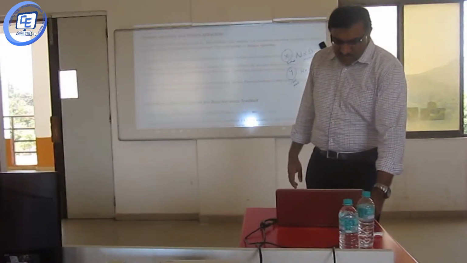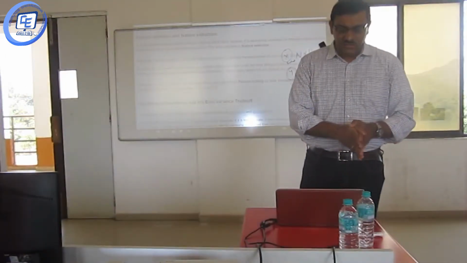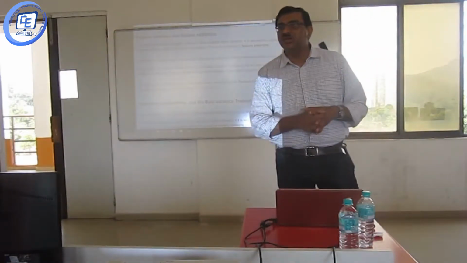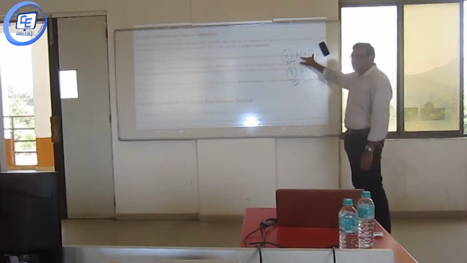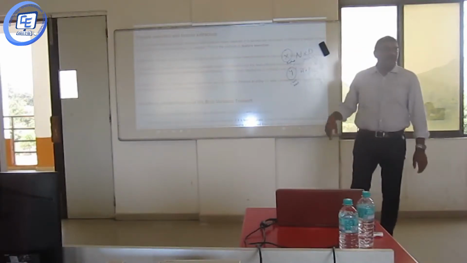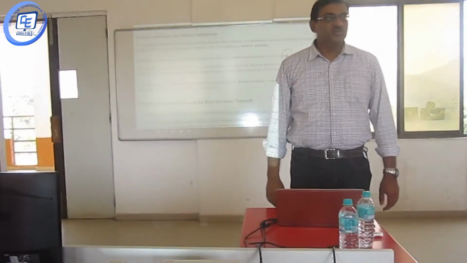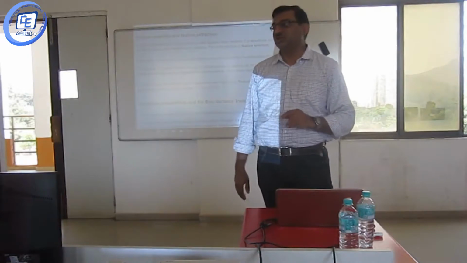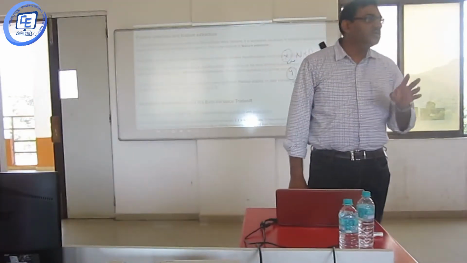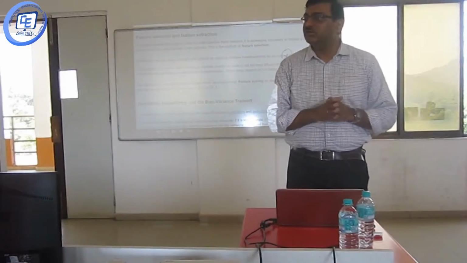I'm just telling you the basic principles of machine learning. Feature selection and feature extraction. Once we have X, which is an N cross D matrix, maybe not all D dimensions are useful or relevant. So finding out the most relevant features from the data is known as feature selection.